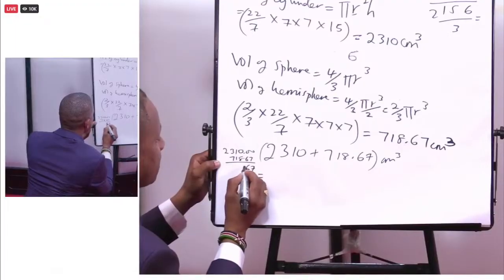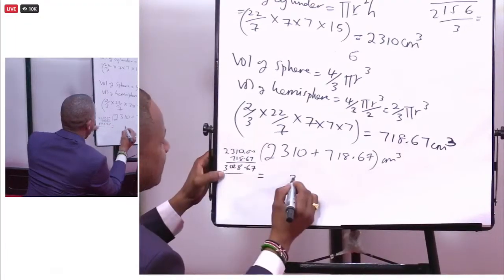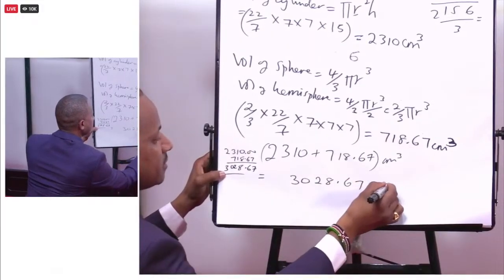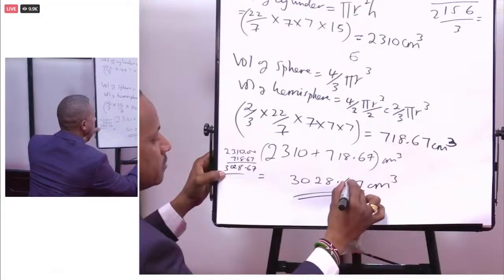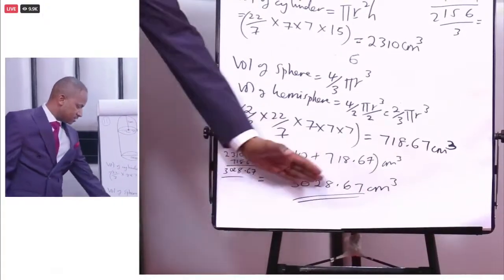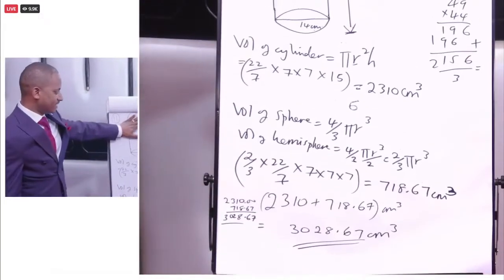You will help me use a calculator. You get 3028.67 centimeters cubed. Now this is the volume of our figure here.